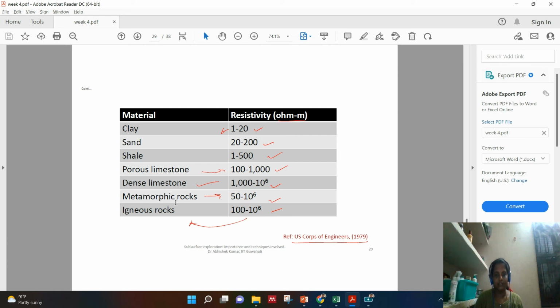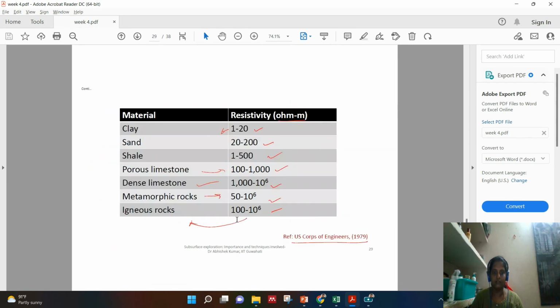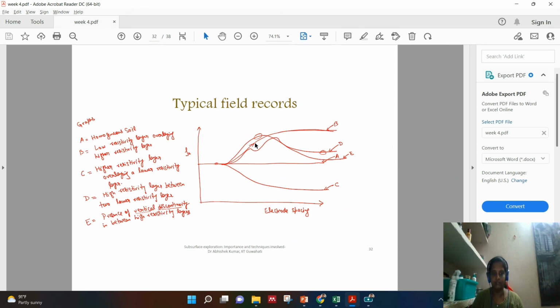So the question is limestone sandwiched between two layers, so you approximately find the resistivity value and see whether it is between low resistivity layers or high resistivity layers. You can use this table and this graph. This graph will give you an idea here.